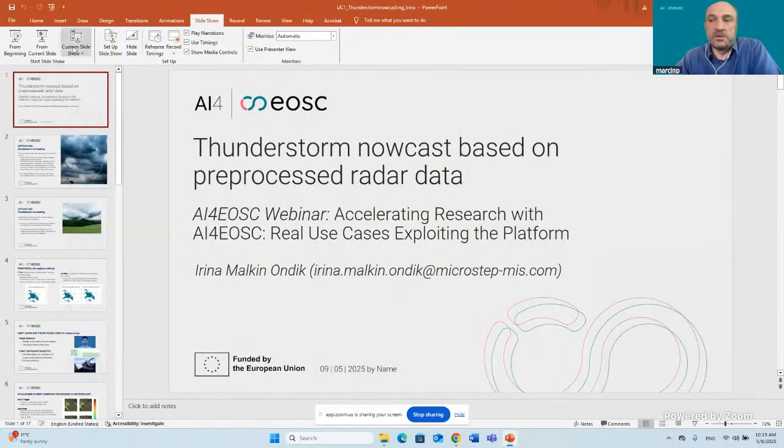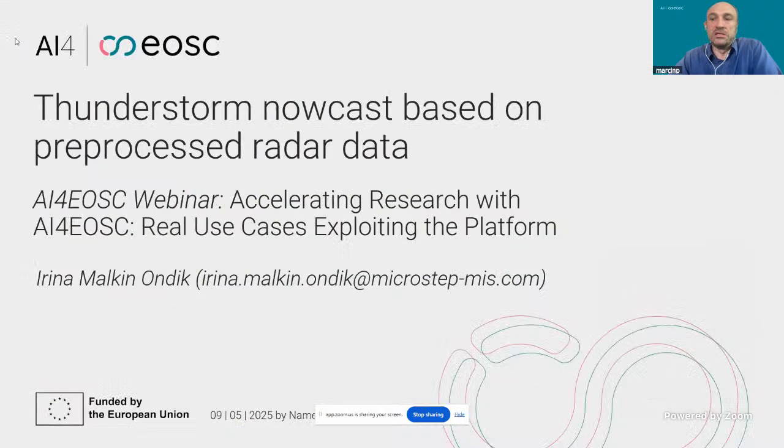Currently, she participates as an investigator and work package leader in scientific projects funded by the European Horizon, ESA, and the Slovak APVV grant agency related to meteorological nowcasting. She also supervises bachelor and master students at various domestic and international universities, such as Slovak Technical University, Comenius University, and University of Amsterdam. So, Irina, the floor is yours. You can start your presentation.